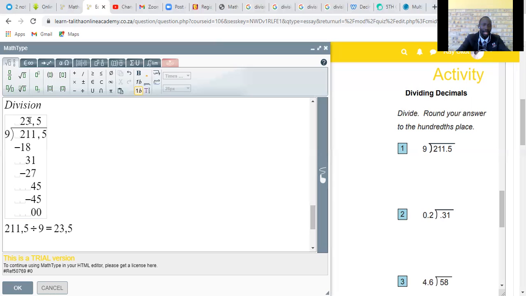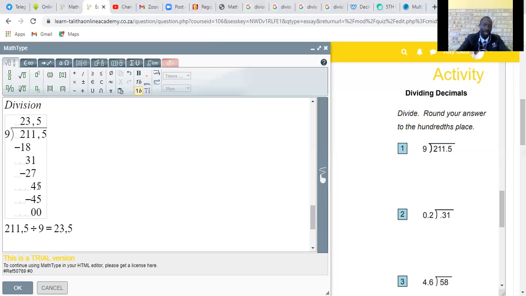So we put 3 here. 3 times 9 is 27. Now, 31 minus 27 is 4. So now, 4 cannot divide 9, and so we put a decimal point there. After putting a decimal point, we bring the 5 down here as 45, because putting the decimal point will push this decimal point out here.